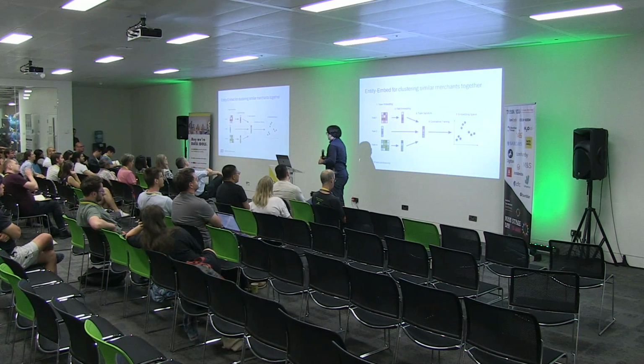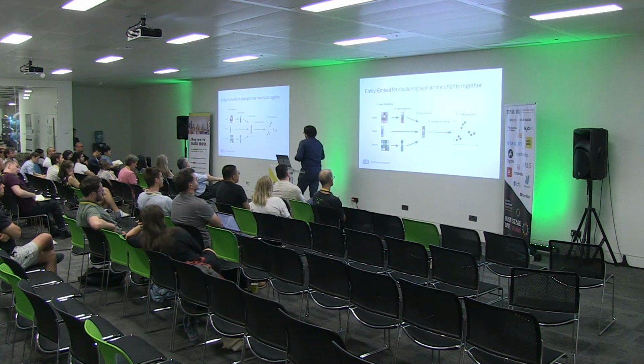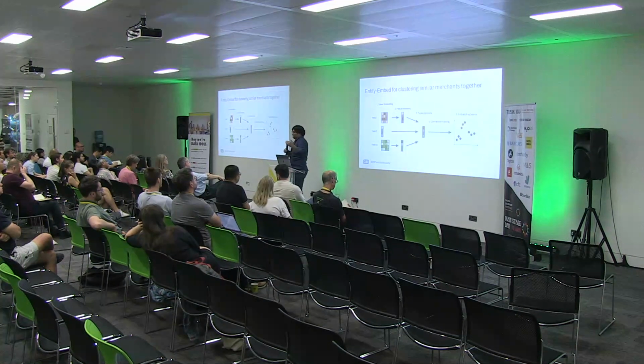It then uses contrastive training to build the embedding space. Contrastive training is where similar merchant vectors would be similar together in the embedding space, whereas the different ones are far apart.